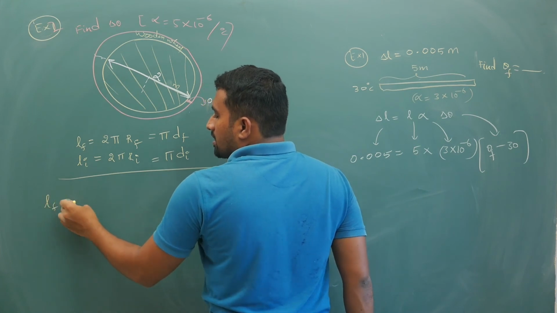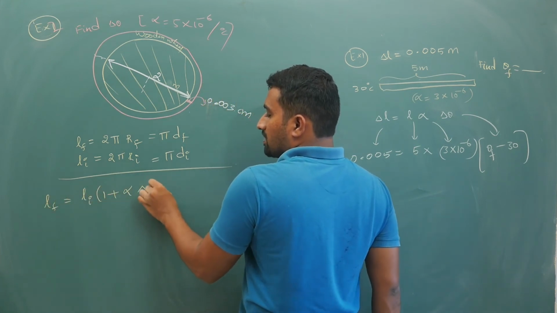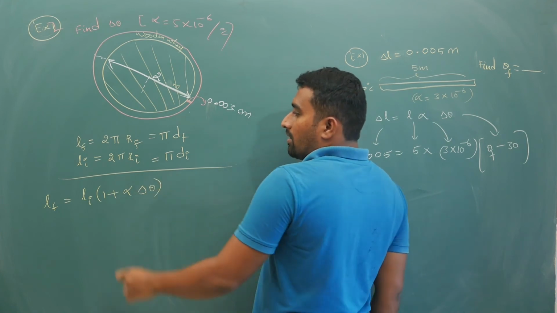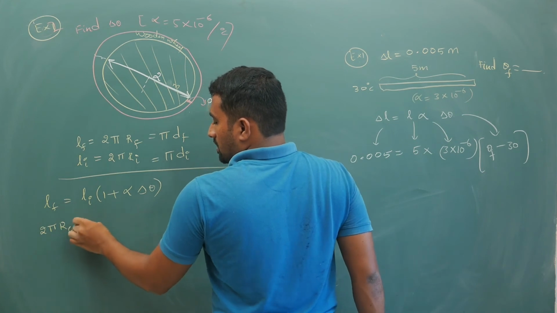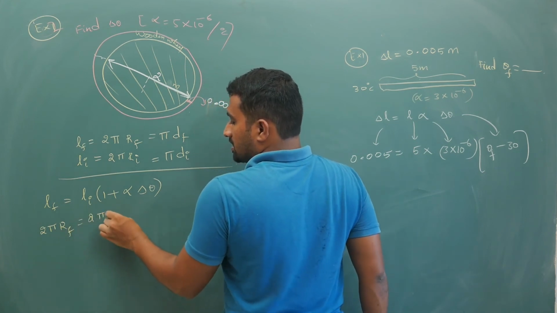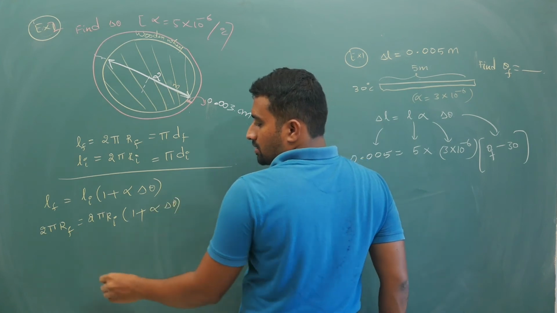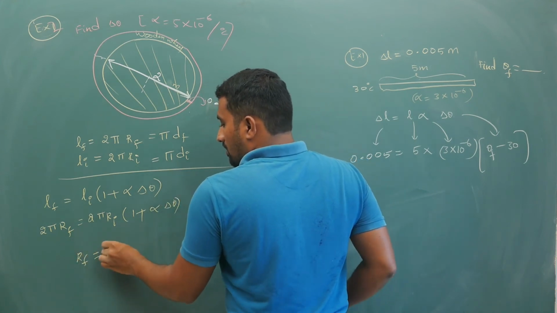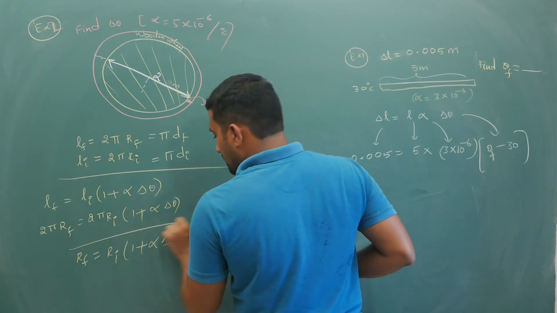If you are taking it in terms of length, L final is L initial times 1 plus alpha delta theta. If you express this in terms of radius, 2 pi R final is equal to 2 pi R initial times 1 plus alpha into delta theta. So that means your R final is R initial times 1 plus alpha into delta theta.